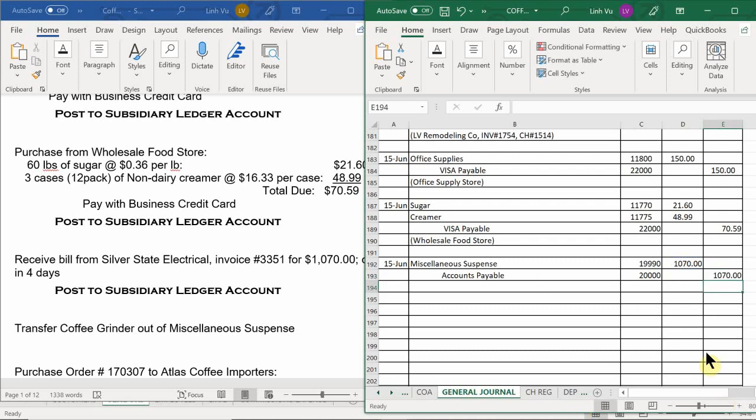So we have here from the Silver State Electrical an invoice number 3351, and we have a net 8. That's right. That's okay. So we're going to the ledger.